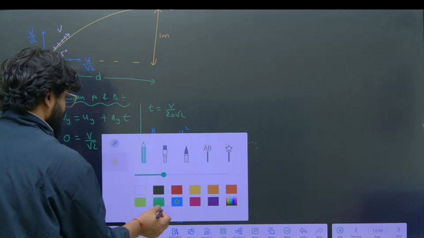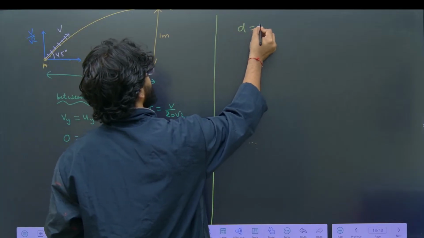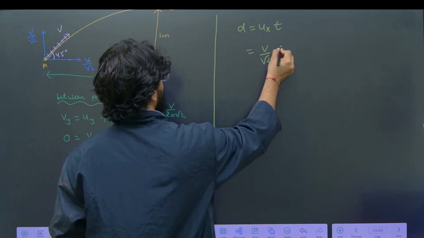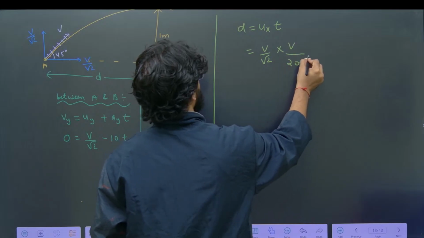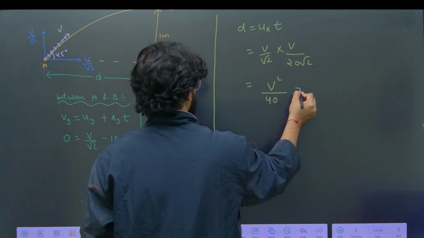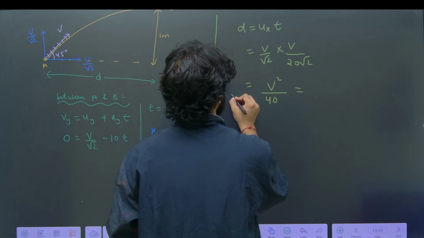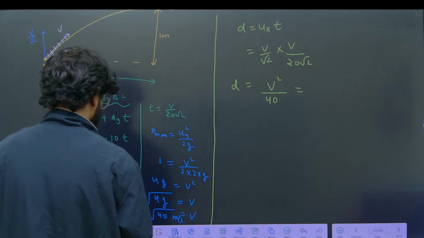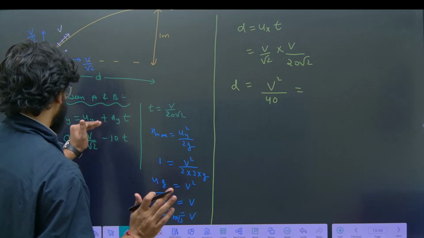Now we can clearly calculate d. D is ux into t. Ux is v by root 2 into t, which is v upon 20 root 2. So it is v square upon 40. Okay, v square is 40, so correct. I hope you are making no mistake this time. V by root 2 t.